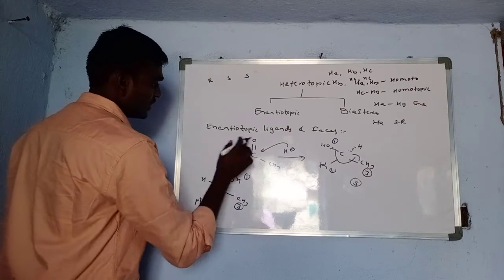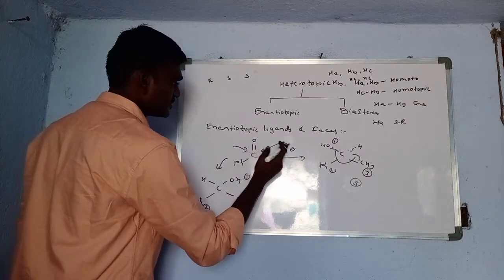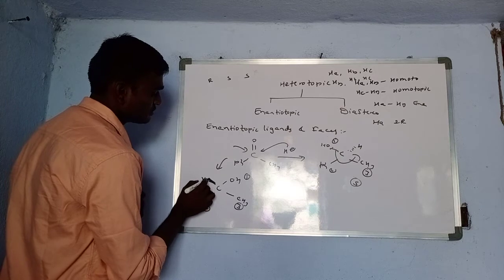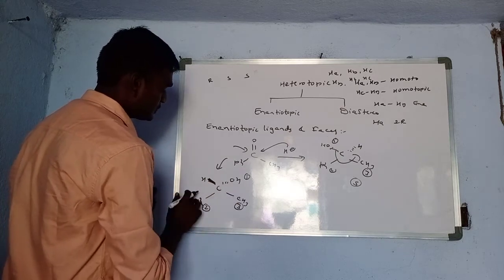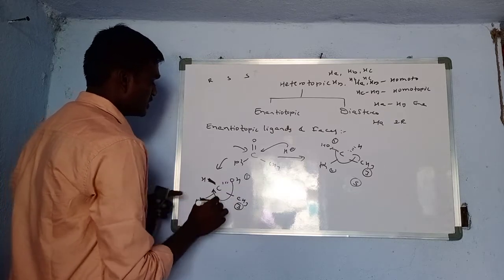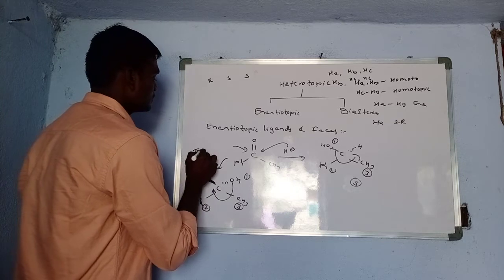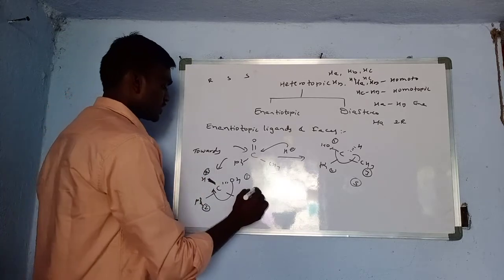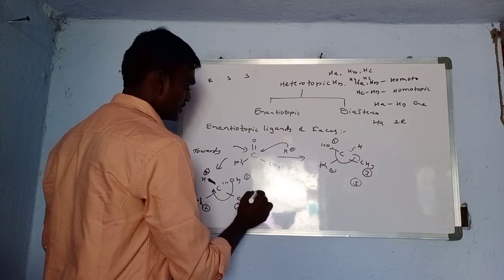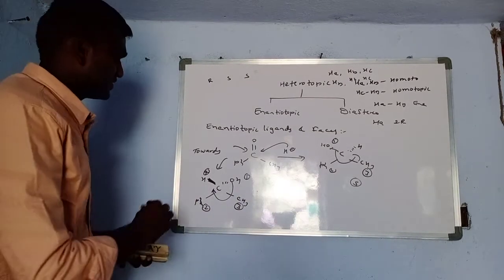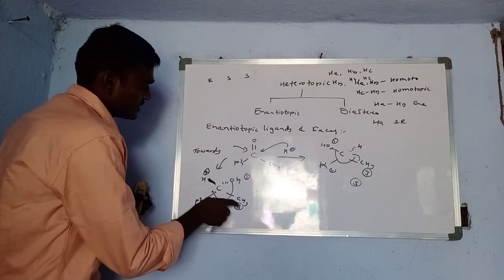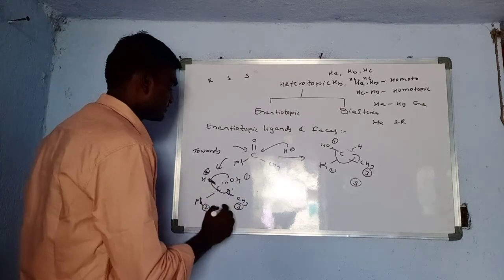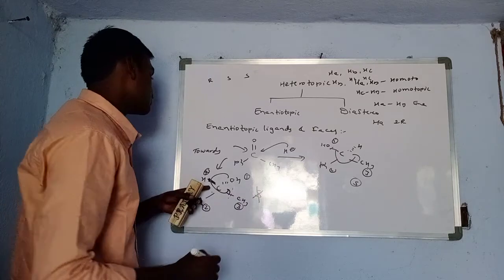In the same way, if the hydride attacks on the other face, it will be like this, with the dotted line. 1, 2, 3 is the clockwise direction, but the fourth priority group is towards you.